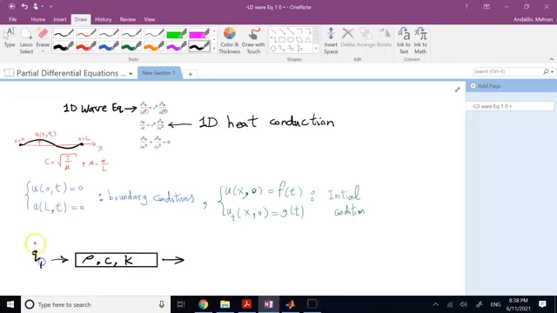So this is Q1 dot, this is Q2 dot. Then the difference between these two heat fluxes is going to change the temperature in this piece of metal. If Q1 dot is bigger than Q2 dot, then you have a positive heat influx, and so the temperature is going to go up. If Q2 dot is bigger, then the temperature is going to go down. And the governing equation will be just like that, with the difference that U here is going to be T.